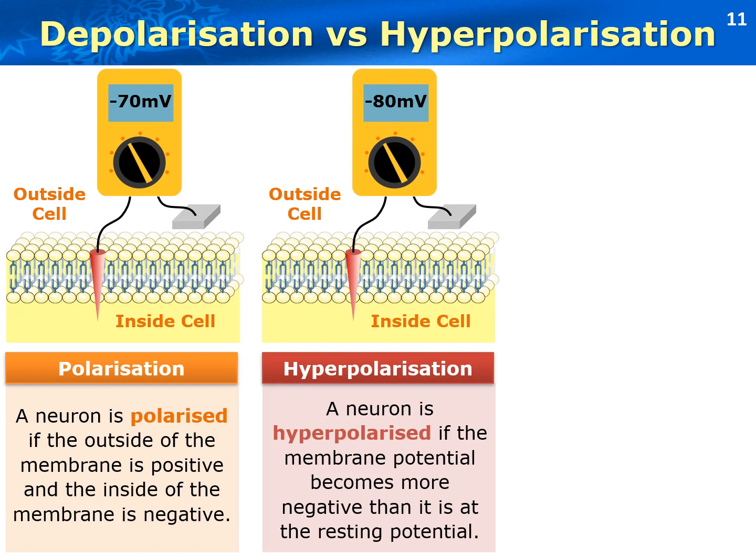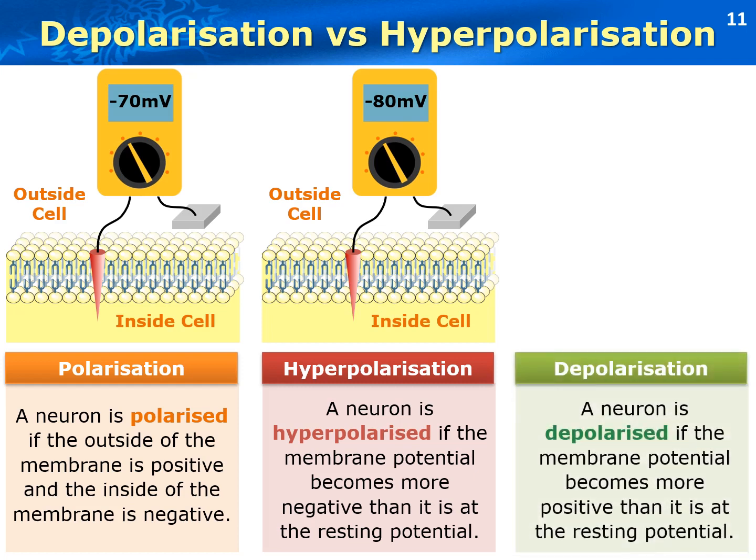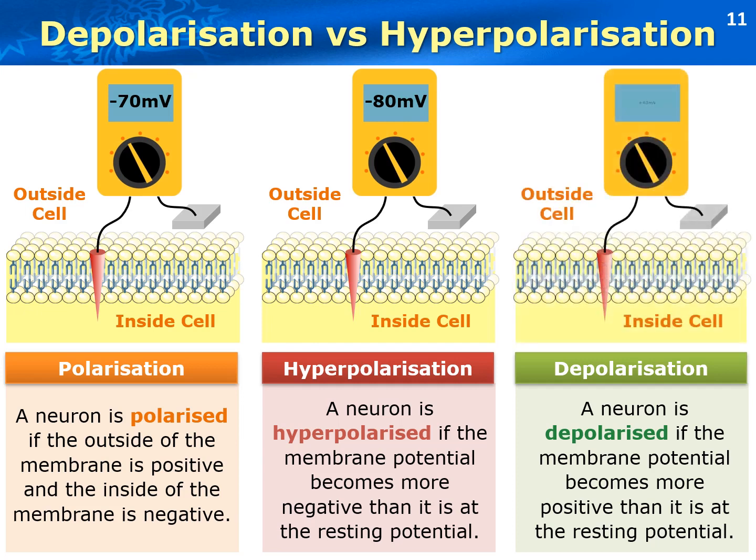If the membrane potential becomes more positive than it is at the resting potential, then the neuron is depolarized. For example, this neuron is depolarized as its membrane potential is positive 40 millivolts, greater than the resting potential, minus 70 millivolts.